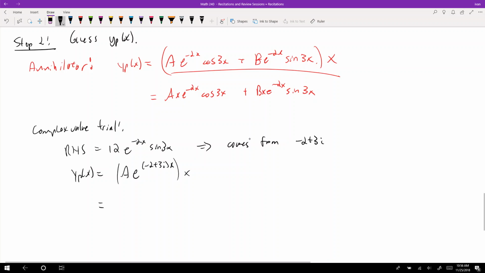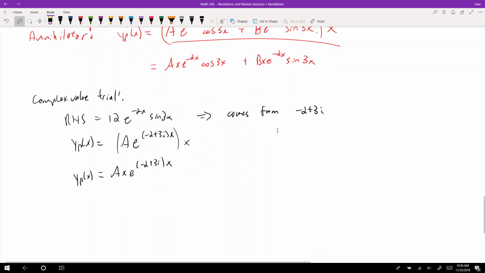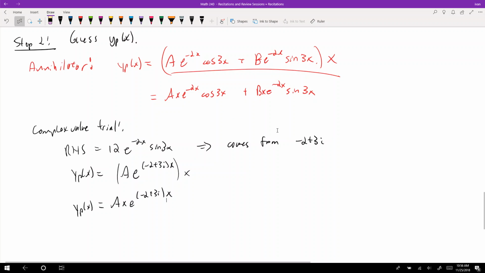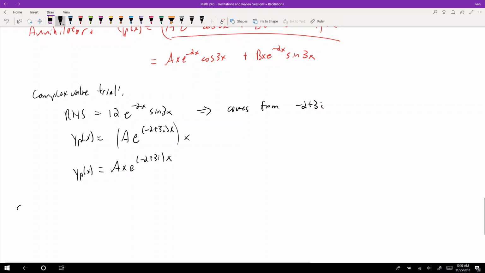The correct yp of x guess would be ax e to the negative 2 plus 3i x. And this guess is a little bit better. You don't have the triple product rule, but you still have to use the product rule. And we'll see that it actually works out decently well when we plug it into the original equation.